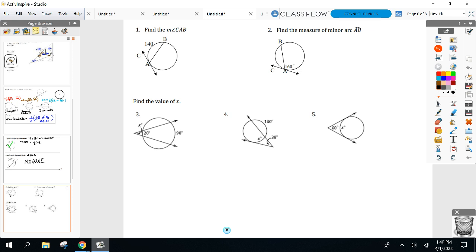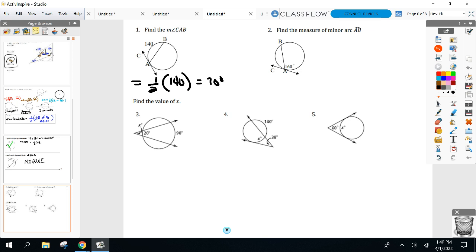Tangent chord. It's formed by a tangent and a chord. I have a rule for that, and it is half its arc measure, half of 140. So CAB is 70 degrees. I have a rule for a tangent and a chord. I don't for a secant and a chord. Remember that. All right, let's keep moving.